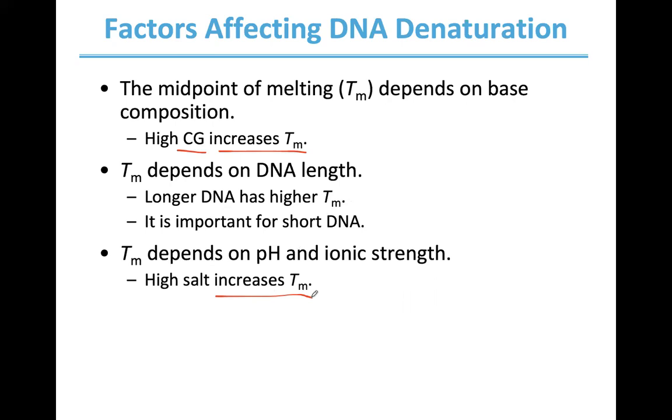So you can think of DNA as a polyionic species, right? There's a phosphate, it's negatively charged, has counterions. So DNA is basically a salt, which has multiple phosphates in its structure. And so if there's high ionic strength, it makes double-stranded DNA stay together, because when the DNA strands separate, that will work against the ionic strength.